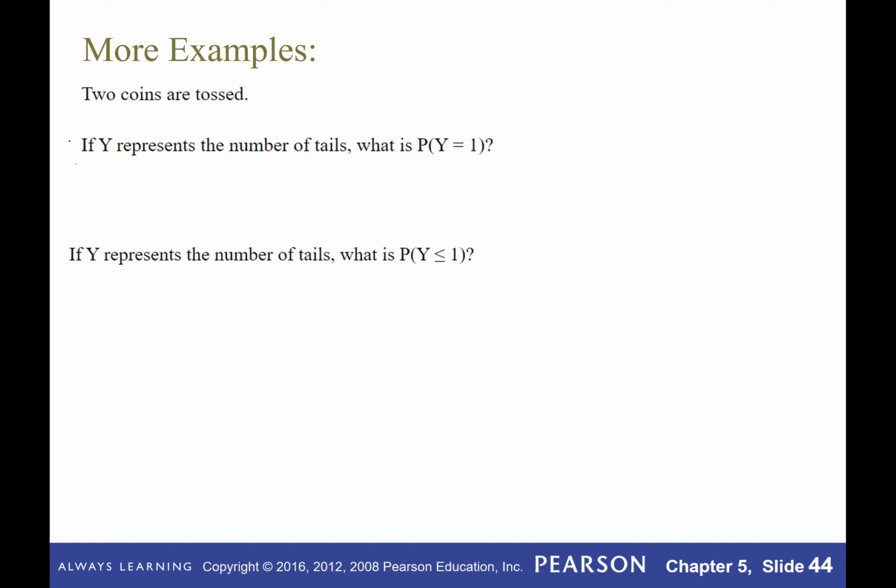What do you get from here? So find the probability y equal 1 and find the probability y less than or equal 1. Okay, so I'm giving you 2 minutes.